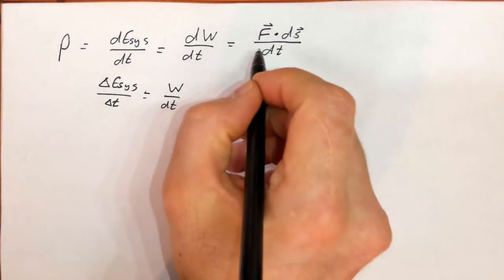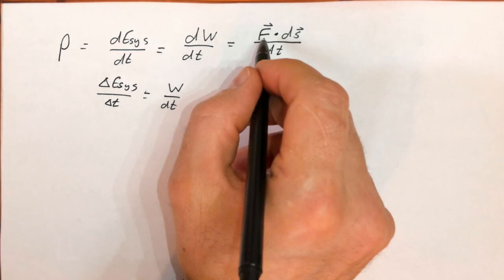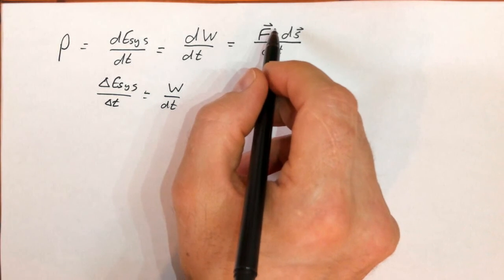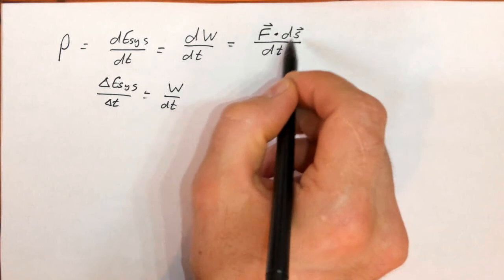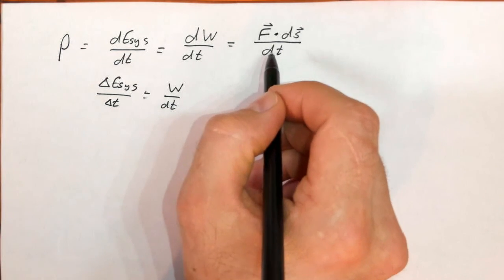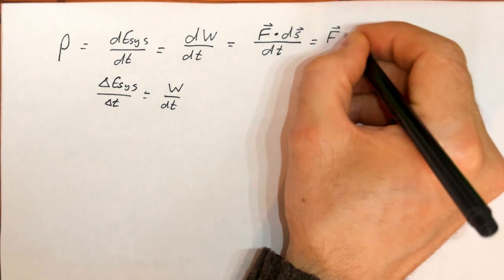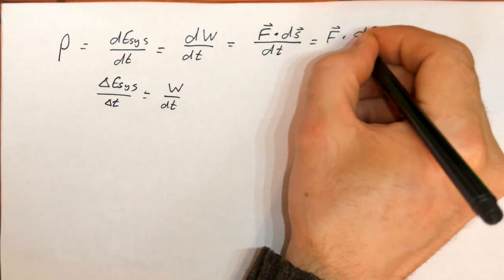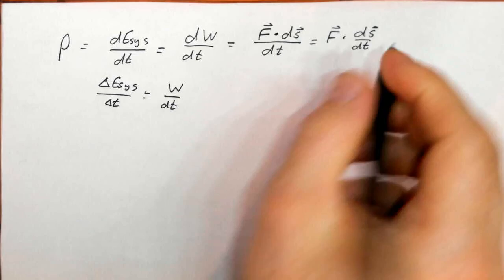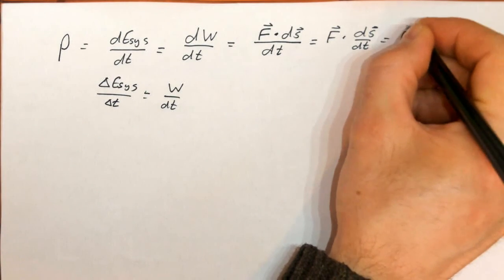Now, what's interesting here is that, speaking even more generally, in this moment we're looking at really small displacements. This d is just a really small amount of time. And so I can just take that as a fraction and do F dot ds over dt. And what is that? That is velocity. So we have F dotted with velocity.